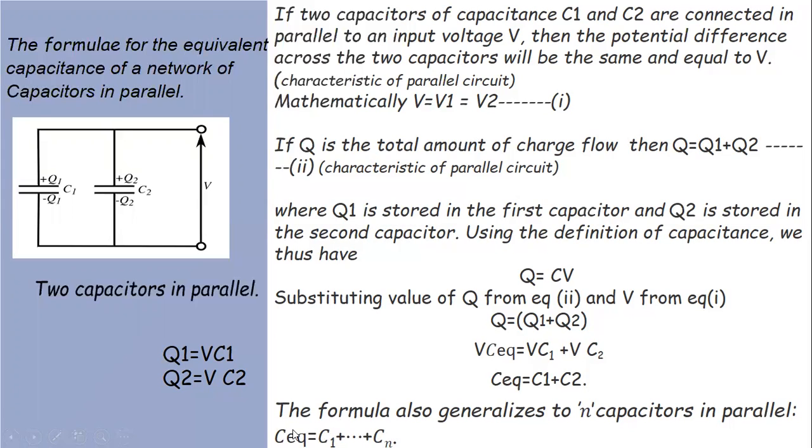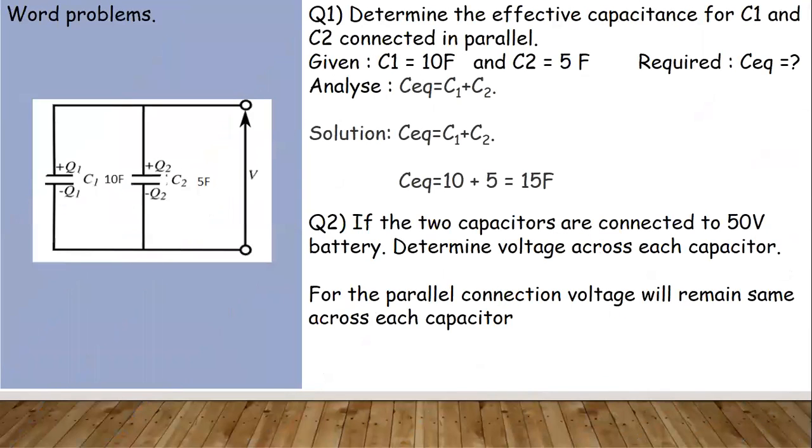The effective or equivalent capacitance for a parallel combination can be found by adding all the capacitors that are connected in parallel.